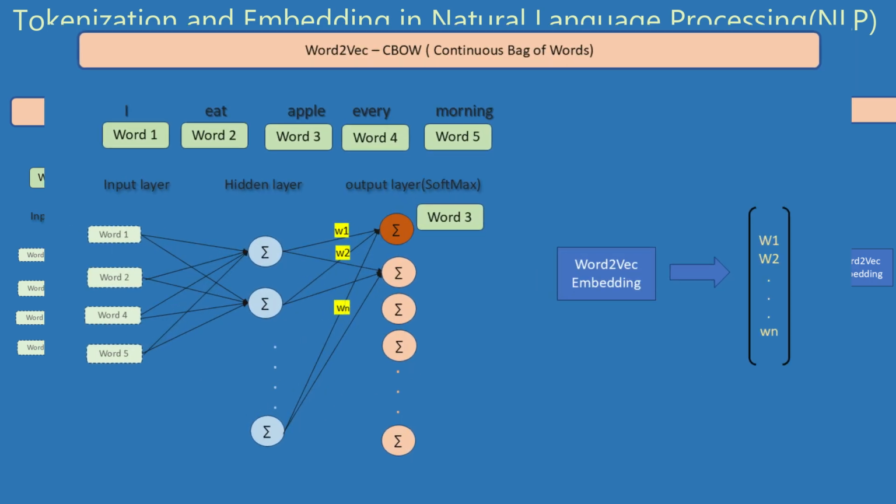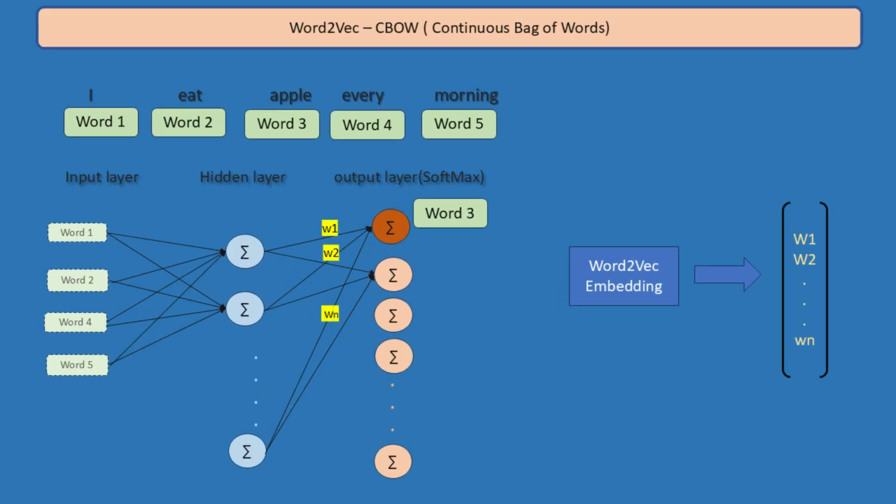Suppose I have a sentence, I eat apple every morning, and I want to find the word embedding of apple, which so far is represented by a vector from tokenization.